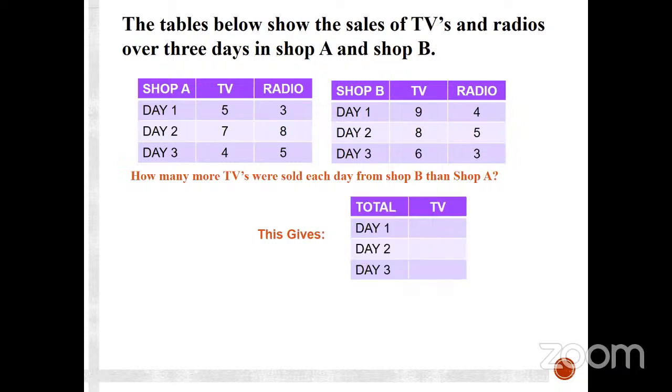In this case, we're simplifying it in the table first. So let me hear Dejana. What should I write for TV day 1? What should I write in this? Dejana, would you like to open your mic and speak? Dejana?